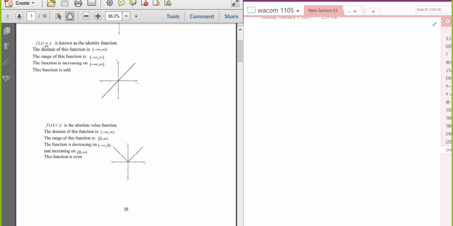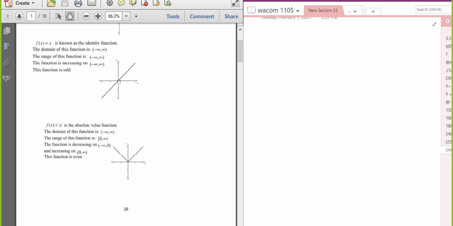And your equation is just y equals x. Its domain goes forever. It is always increasing because, remember, for increasing and decreasing you look left to right. And this one is an odd function because if you rotate it 180 degrees, you're going to have the same picture in this quadrant here. That means it's symmetric around the origin, around 0, 0.